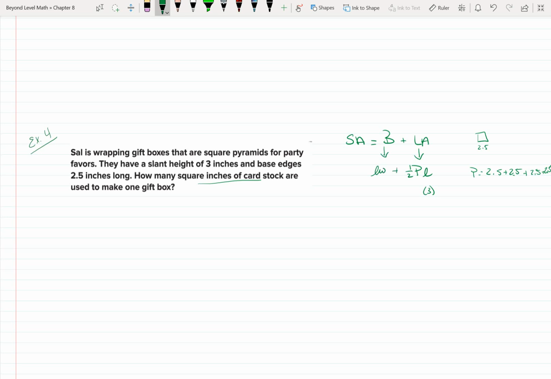Since it's a square, our length is 2.5, our width is 2.5. And our perimeter will be 2.5 times 4. Since 2.5 plus 2.5 is 5, 5 plus 5 is 10, times 1/2.